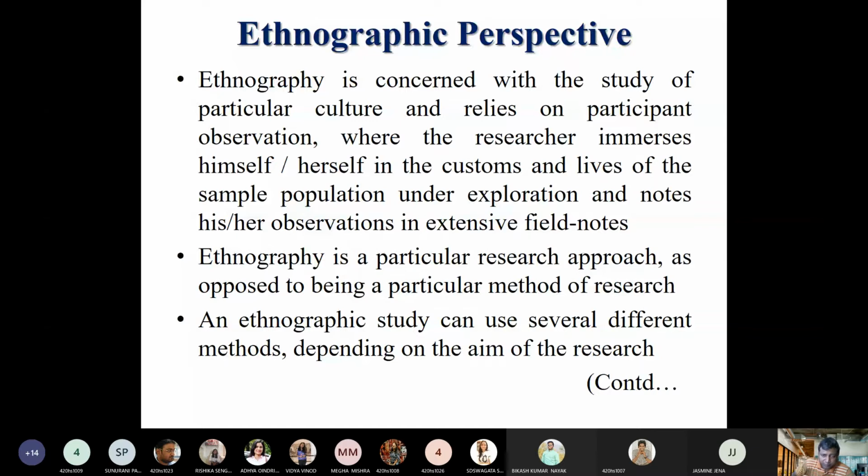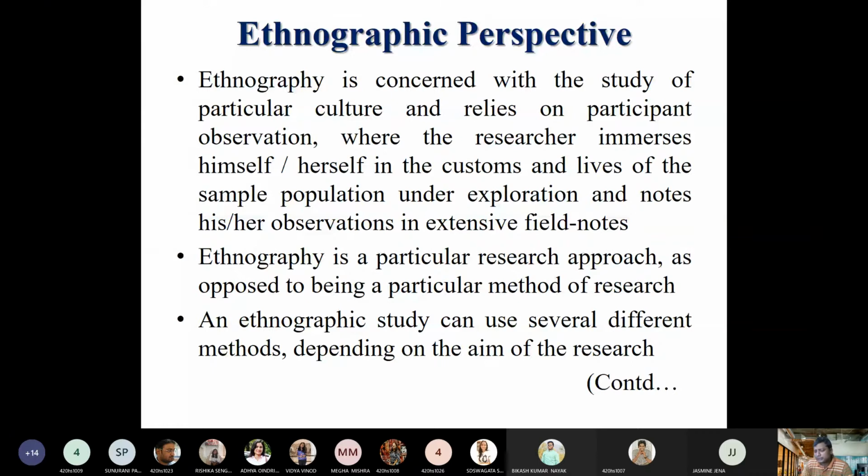Whenever I am interacting with somebody, I write field notes, and we depend on these field notes while writing an ethnographic report.